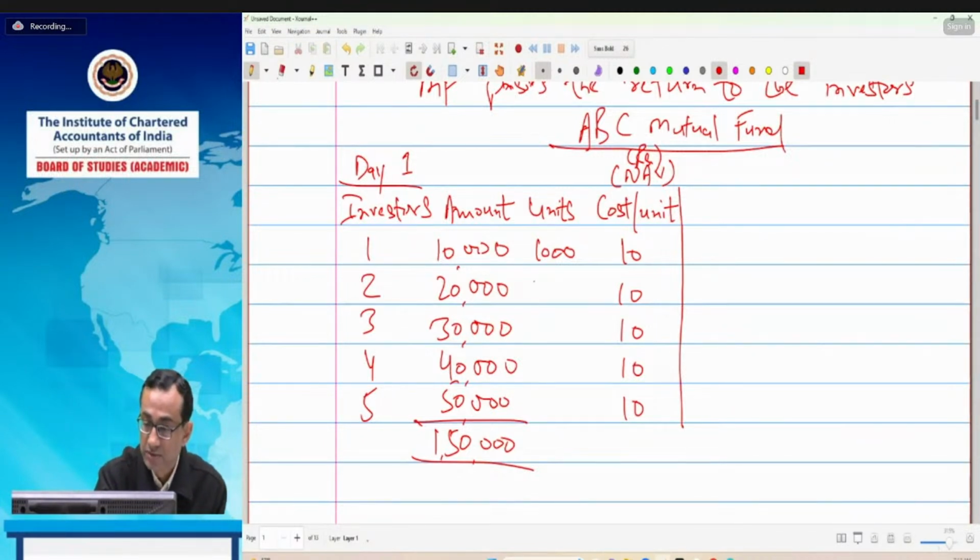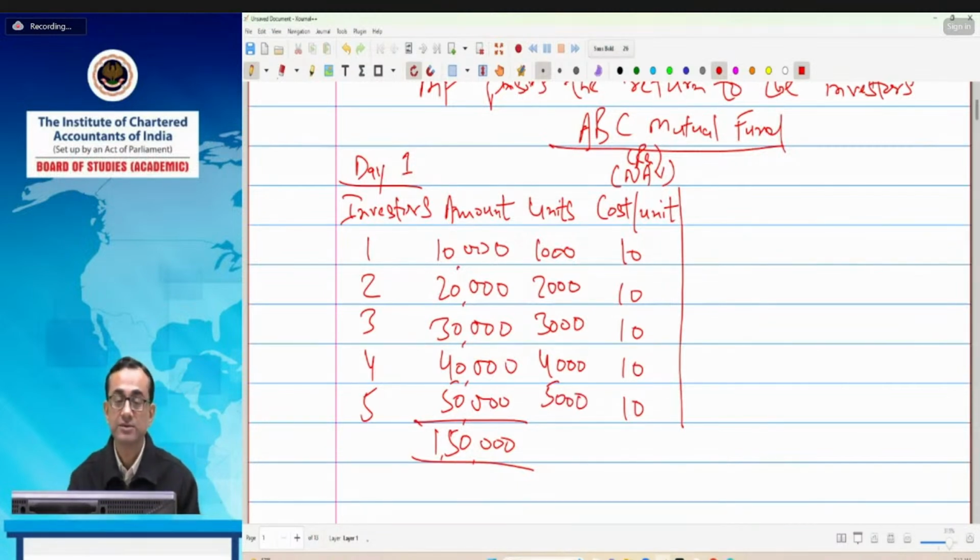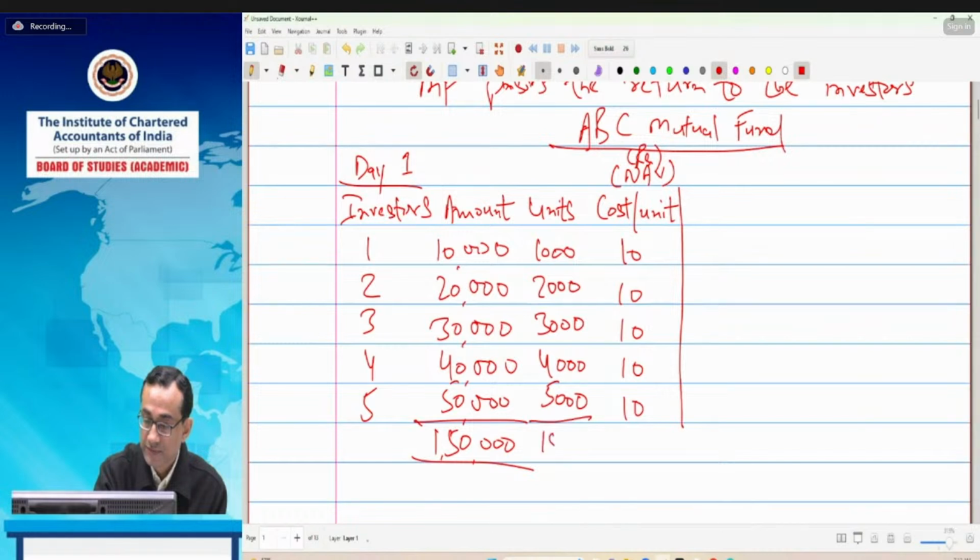So it is 1,000 units in case of investor 1, 2,000 units in case of investor 2, 3,000 units in case of investor 3, 4,000 units in case of investor 4, and 5,000 in case of investor 5. I will discuss diversification later on. First, let us understand this mutual fund structure. Now, what is the total number of units? 15,000.